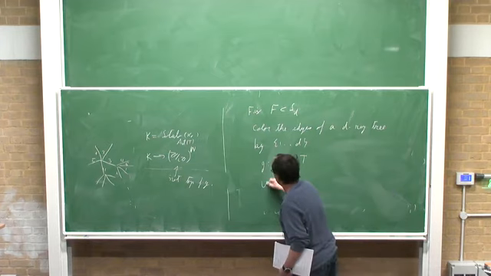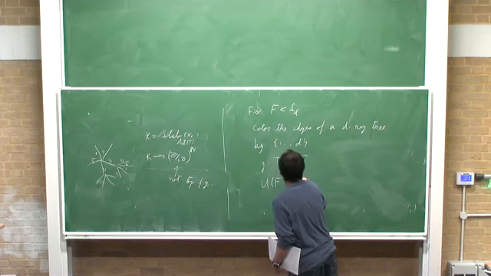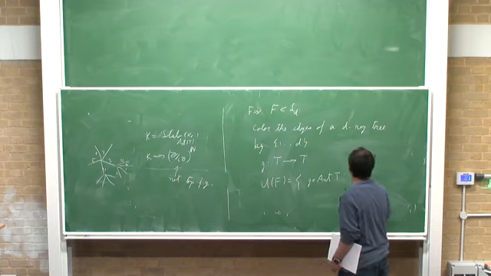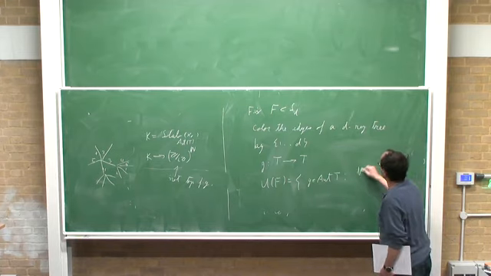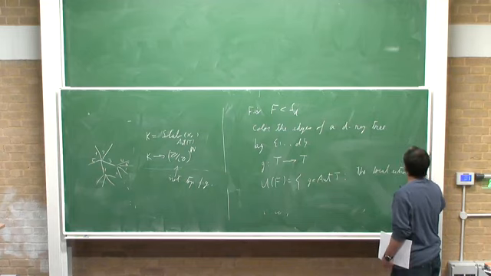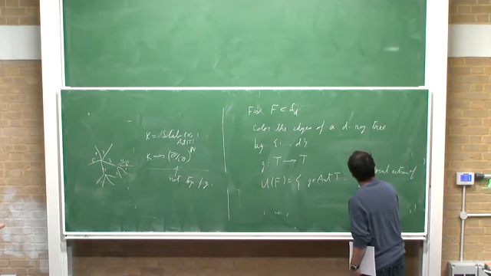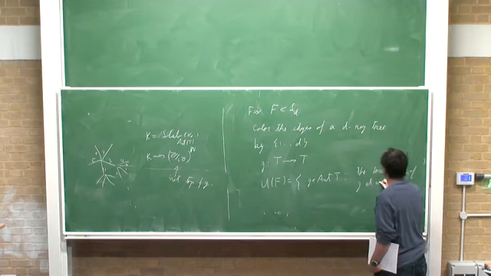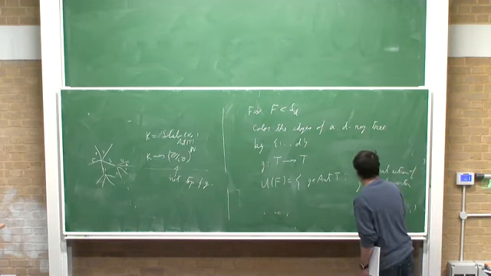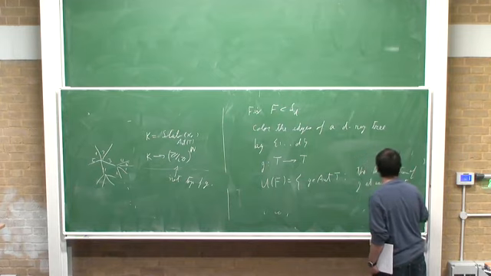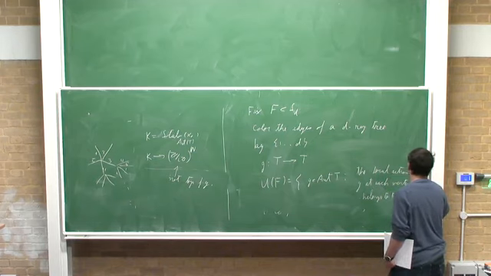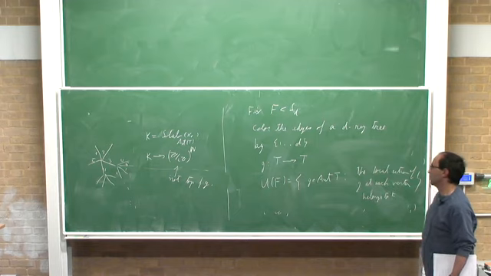Let's define U of F as the set of elements of the tree group such that the local actions of G at each vertex belong to F. We call this the universal group of F.